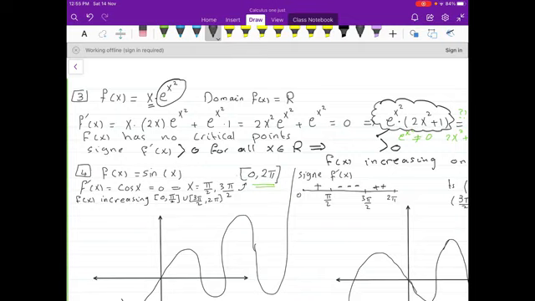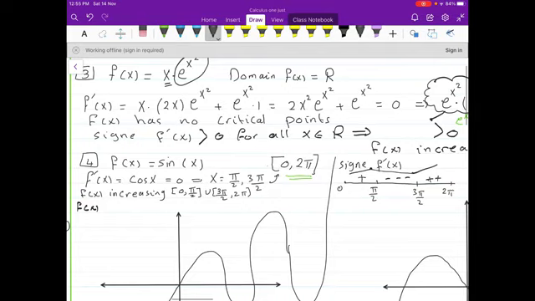And it will be decreasing on the interval pi over 2 to 3 pi over 2.